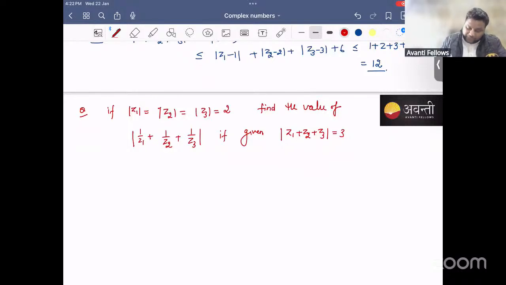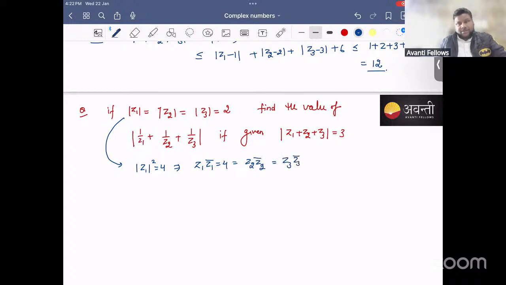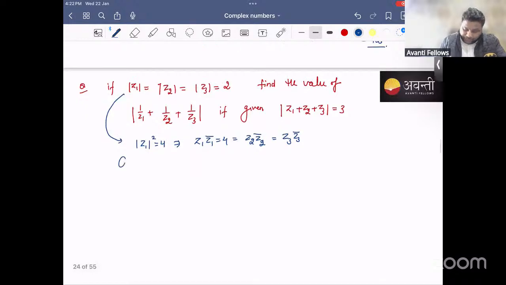Now see, from this information, if I take magnitude of Z1 square, it is 4. That means Z1 Z1 bar is 4. That will also equal Z2 Z2 bar, and Z3 Z3 bar. Agreed? Now, given to me is magnitude of Z1 plus Z2 plus Z3 is 3. That means magnitude of the conjugate of Z1 plus Z2 plus Z3 is also 3.